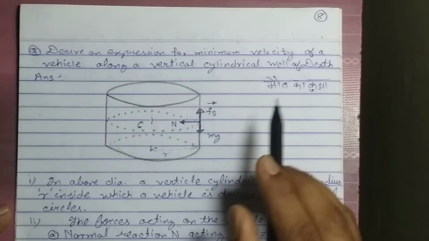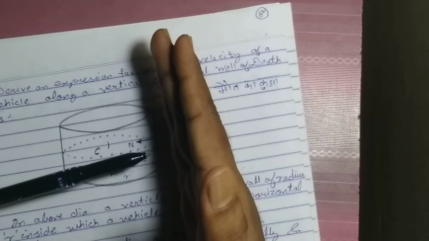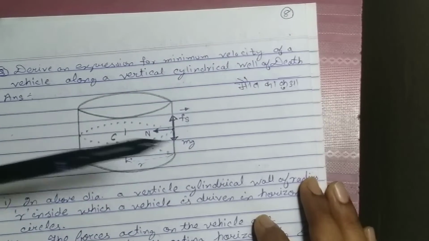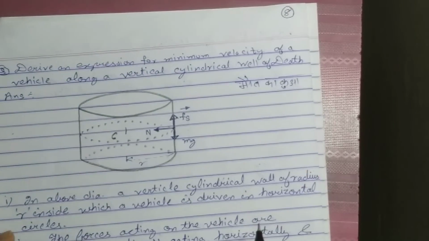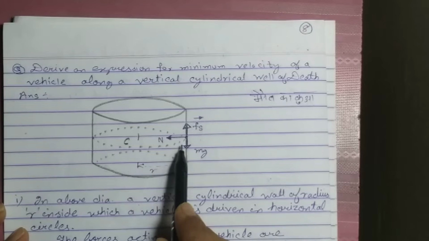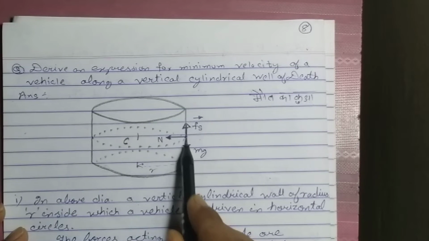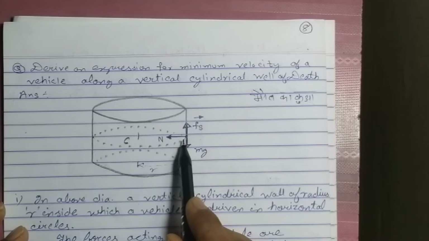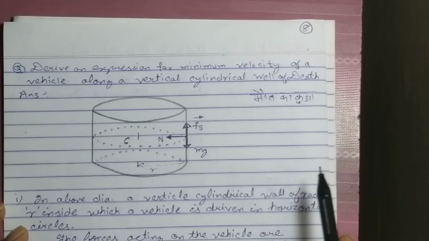Since the vehicle is normal to the surface of the cylindrical wall, that reaction is always perpendicular to that surface. So N represents the normal reaction acting horizontally. The two forces we understood: one is its own weight, mg, vertically downward; another is the horizontal normal reaction.